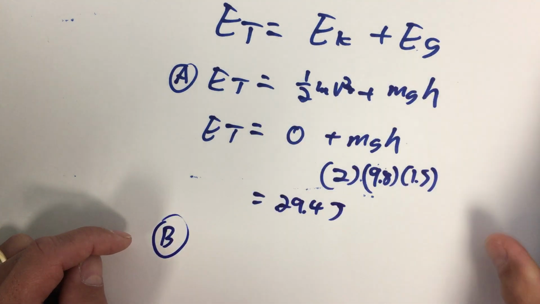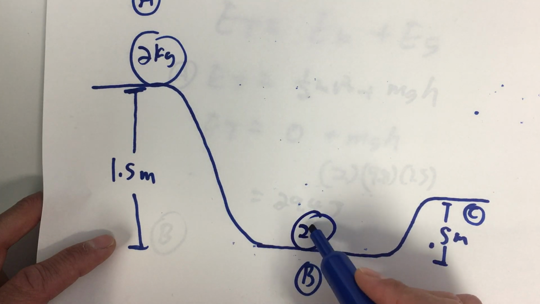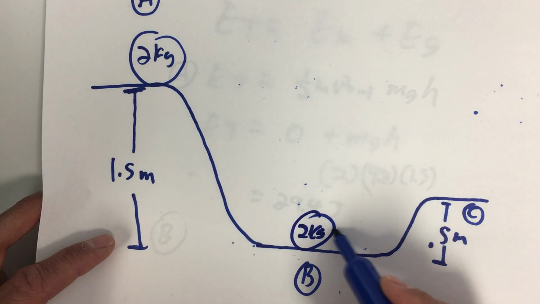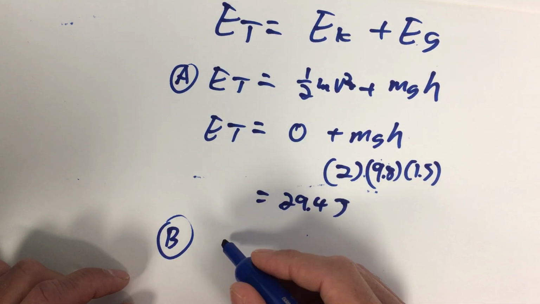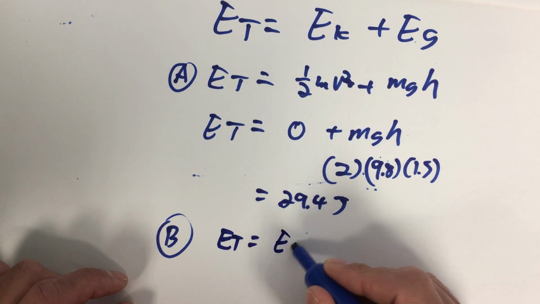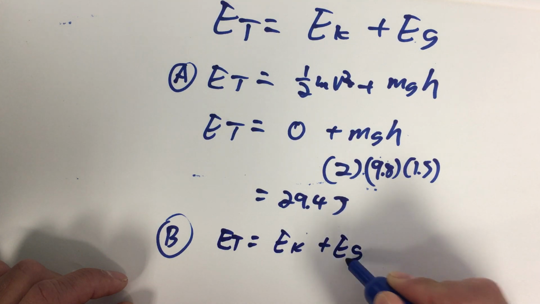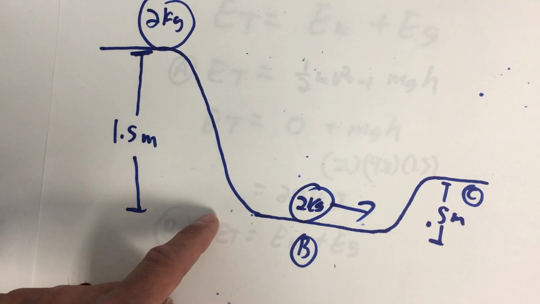Now when we go to point B, this ball has rolled its way down, so it is now a 2 kilogram ball that's down here. It's moving fast and it's low to the ground. Our total energy is again our kinetic energy plus our gravitational potential energy, but when we're on the ground, our height is 0.